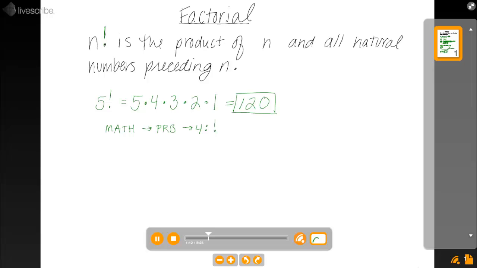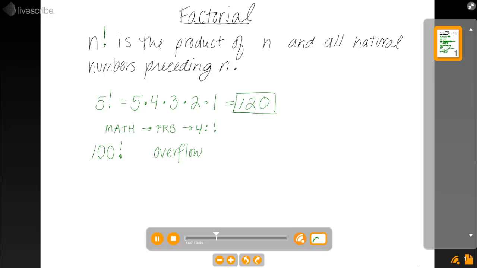Actually, if you do have your calculator handy, it might be nice to try this. If you try to calculate 100 factorial, if you're using the TI-83 like I have, it'll probably tell you this: Error, overflow. That means that the number you tried to calculate was just way too big, and that should make sense.